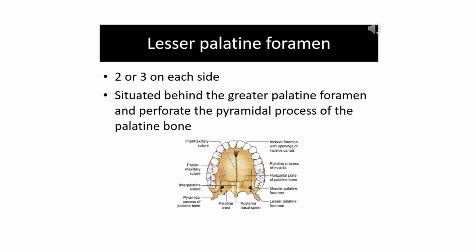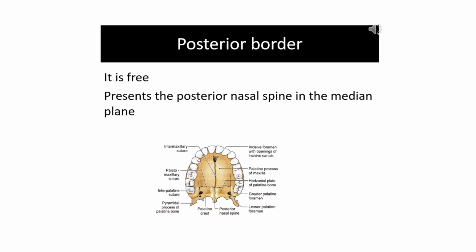So there are just 3 things that we need to know about the lesser palatine foramen: it is situated behind the greater palatine foramen, there are 2 or 3 on each side, and it perforates the pyramidal process of the palatine bone. The posterior border of the hard palate, first of all, is free, and it presents the posterior nasal spine. We can see the posterior nasal spine in the given diagram, and it is in the median plane.